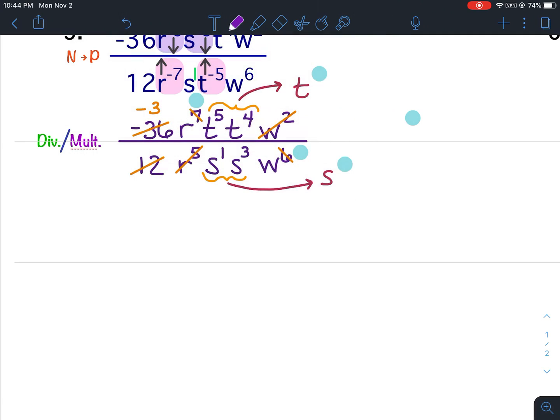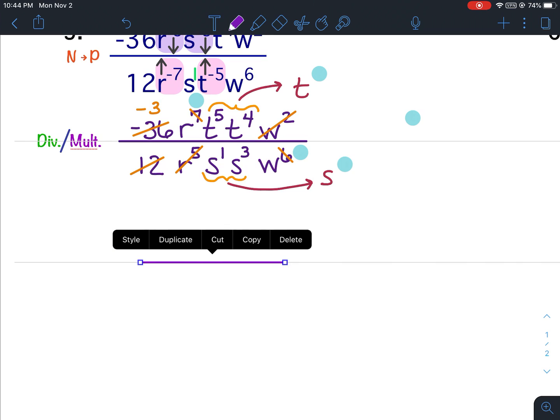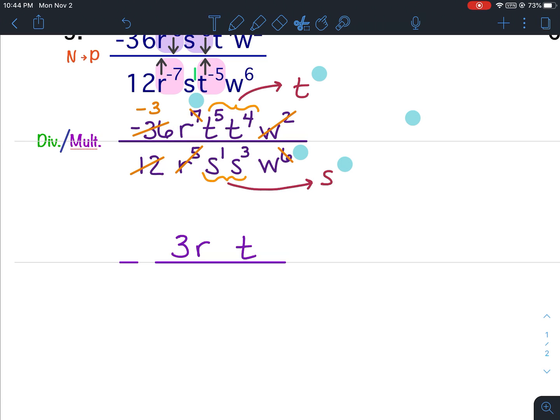I'm going to write it in purple. All right. I'm going to move the negative sign out front. We still have a 3 in the numerator. We have an r in the numerator and a t in the numerator.